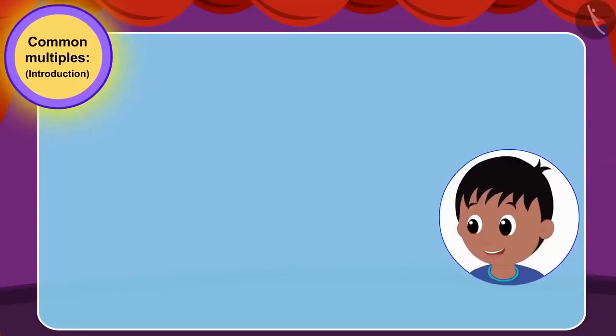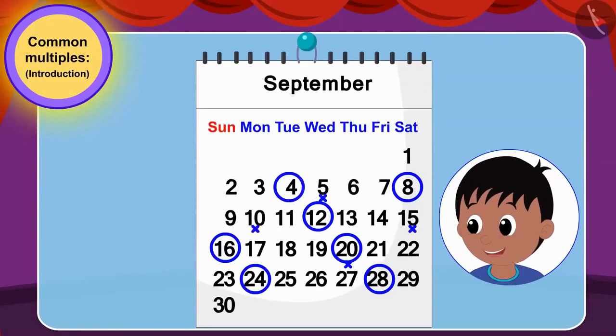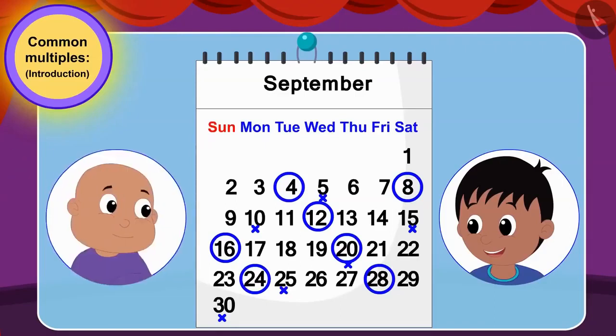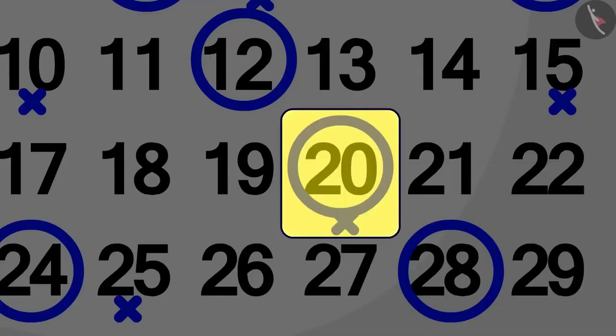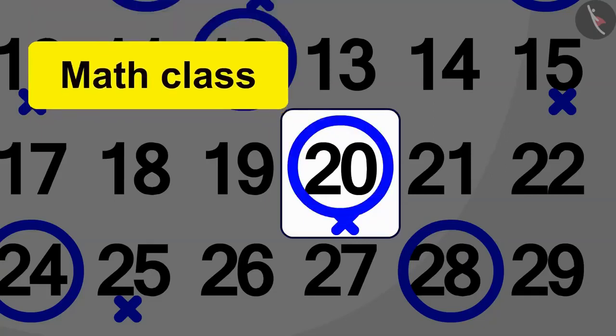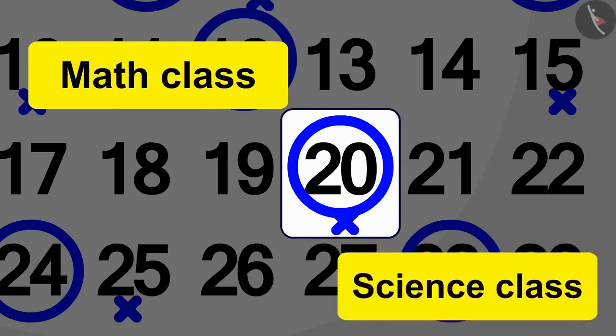Raju excitedly made a mark on the calendar on the dates on which Bablu will go to science class. Now, when Raju and Bablu looked closely at the calendar, they found that on the 20th, Bablu made the circle of math class and Raju also made a mark for science class in this way on the 20th.